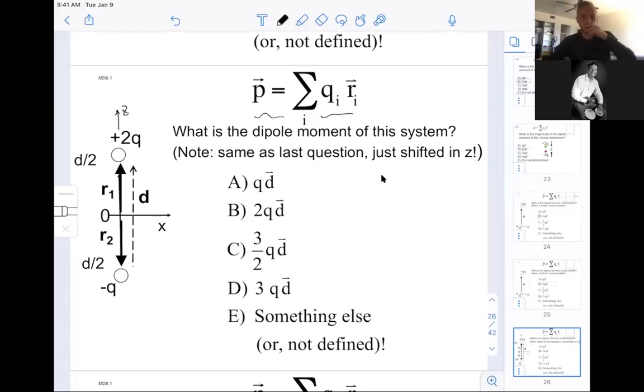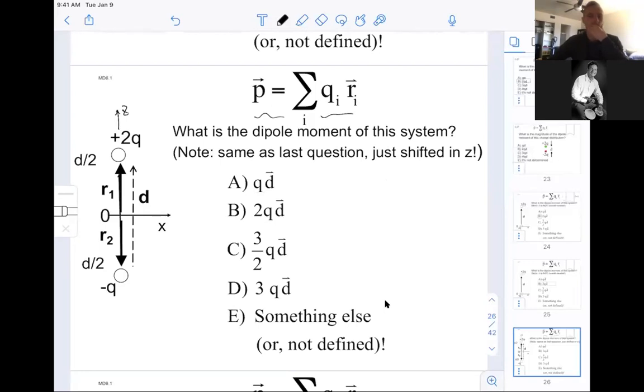All right, so we'll run for another 15 seconds. If you haven't voted, please do so. Okay, any last minute vote? All right, then I'm going to go ahead and end it.